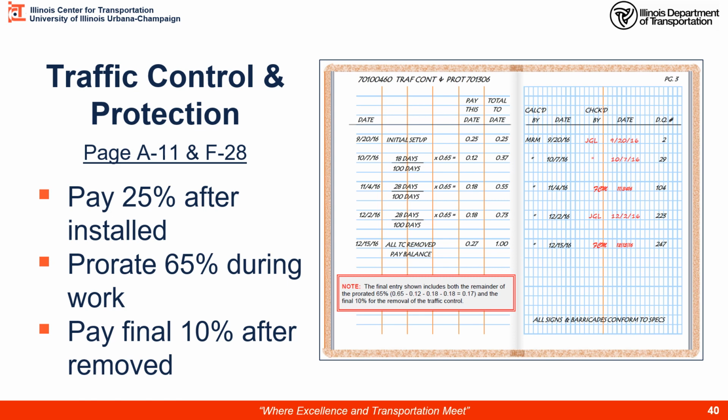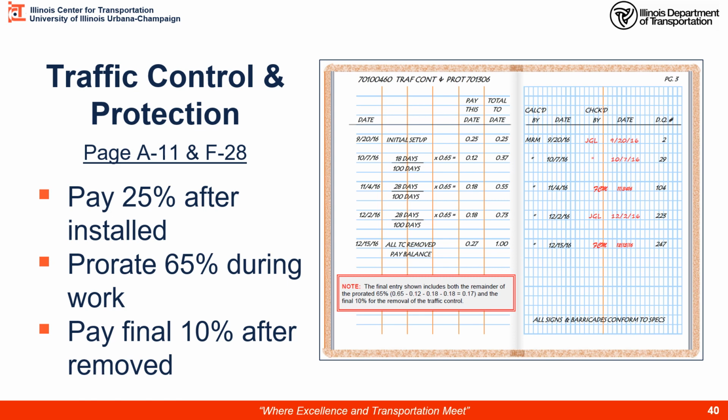Here we go. Here's the date. They completed initial setup. I'm going to pay them 25%. Next pay estimate, I'm going to calculate a percentage of the work. Here I'm using the progress schedule. It looks like it's going to take 100 days to complete this work. So 18 days have gone by since the last pay estimate.